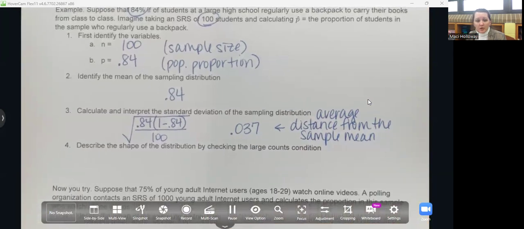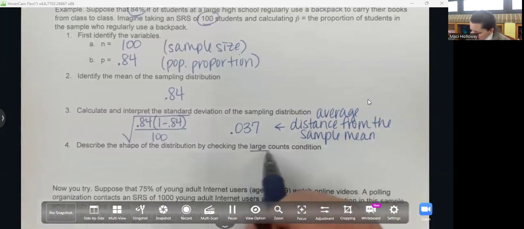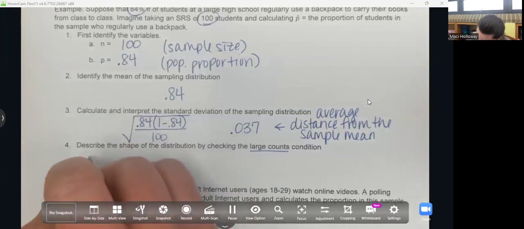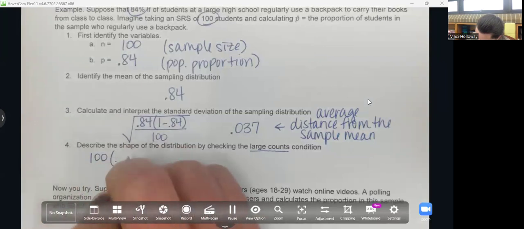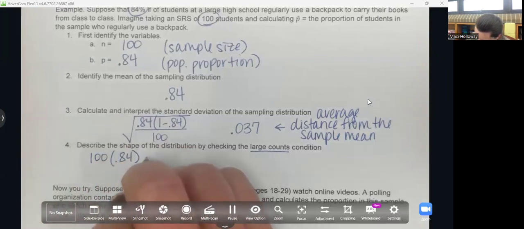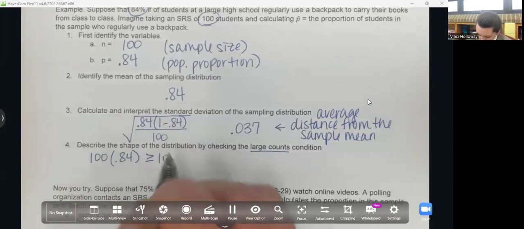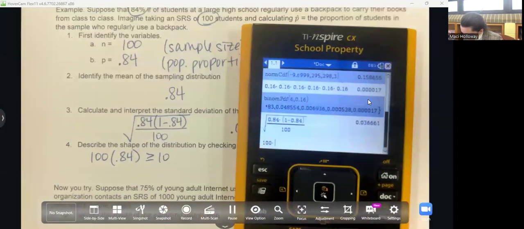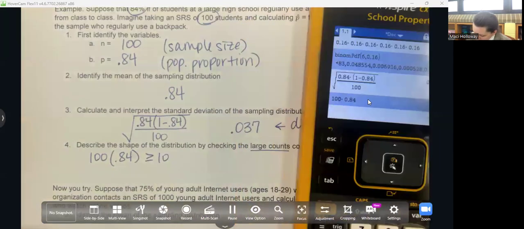Let's describe the shape of this distribution by checking the large counts condition. Two conditions need to be met. Your sample size times your population proportion has to be greater than or equal to 10. Our sample size was 100 and our population proportion was 0.84. Let's calculate this, and it's 84.